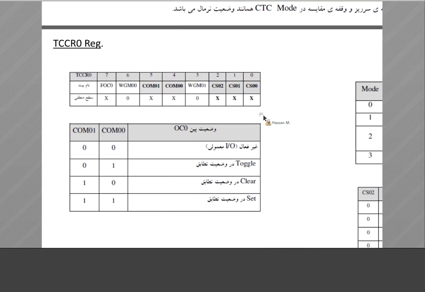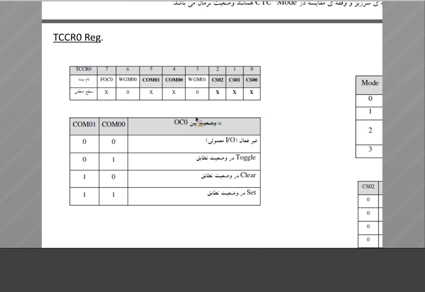These two pins. We said we have port, for example, port B.3 or OC0. OC0 means output compare match for timer 0.